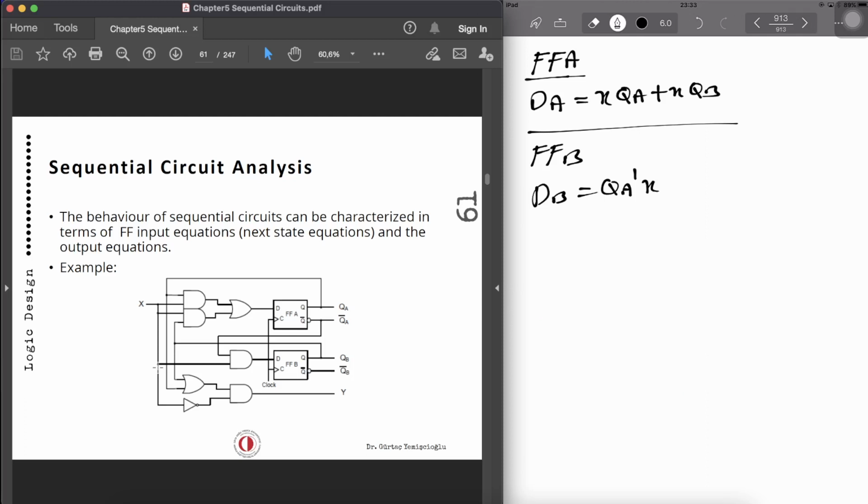Now, as we have got two of those inputs, and there's this one output, which is Y, we need to find an equation for that as well.